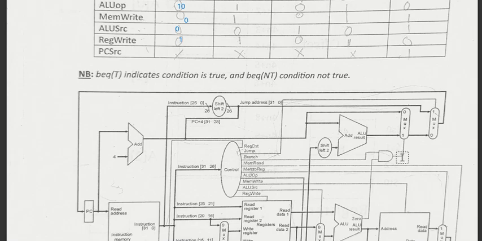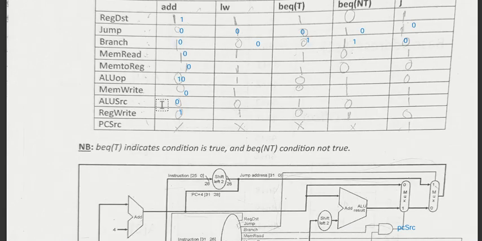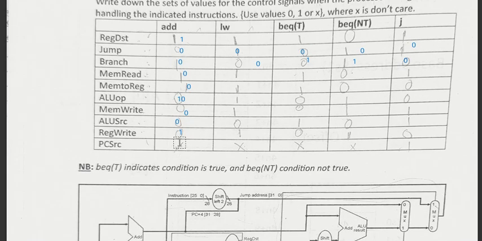Okay, so in most diagrams, PC source happens to be the output of this, right? So the output of this is PC source. I think they didn't label that in the diagram, right? So yes, that's the output. And this is an R format instruction, add. So just put 0 for the PC source. Don't put don't care, because when it is 1, you'll be in danger, right? You'll be selecting something there.